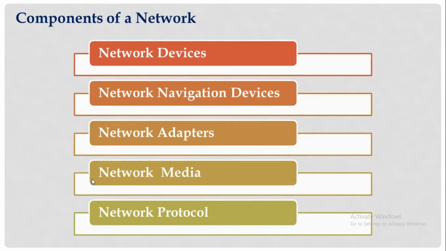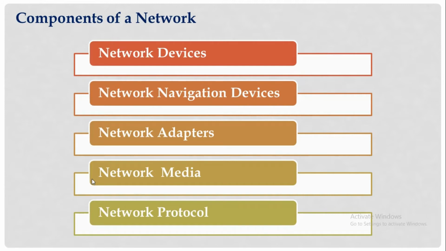And next, let us discuss the components of a network. Till now, we have seen the purpose of a computer network. We have discussed what features the computer network has. Now, let us see how to create a computer network. If you have to create a computer network environment, you need certain devices in order to create that particular network.